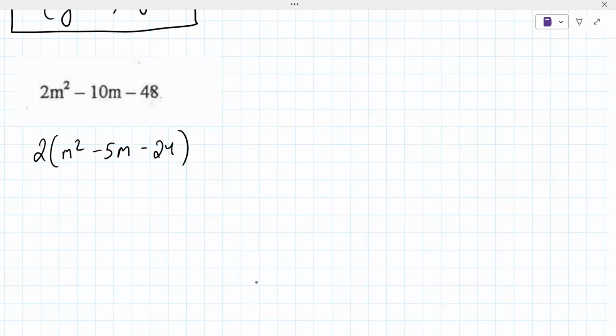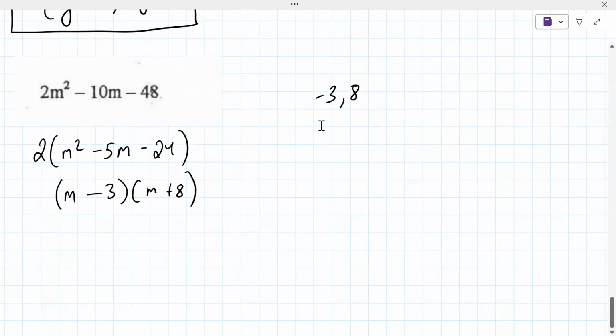So it'd be m minus 3 and m plus 8. So does that multiply to -24? Do those multiply to -24? Do they add to -5?